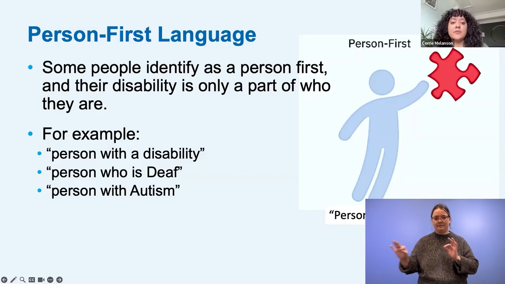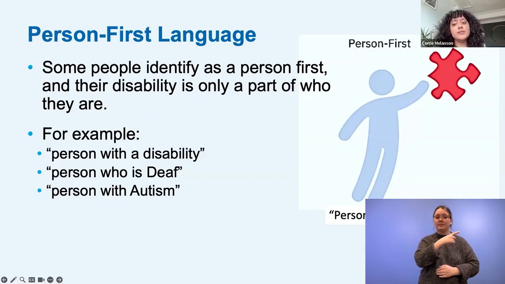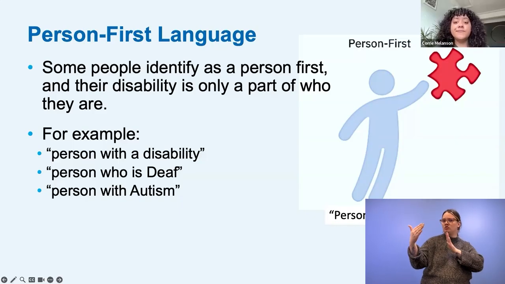So on the slide, there's an image of a stick person holding a puzzle piece, which represents their disability. In this case, this image is of a person with autism. And so we typically use person first language. We default to saying a person with disabilities. However, it is always important to listen to the language that people use to describe themselves and mirror that language back to them whenever possible.